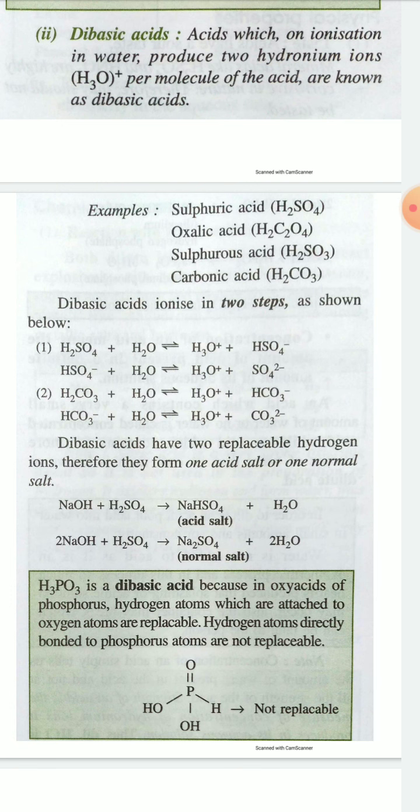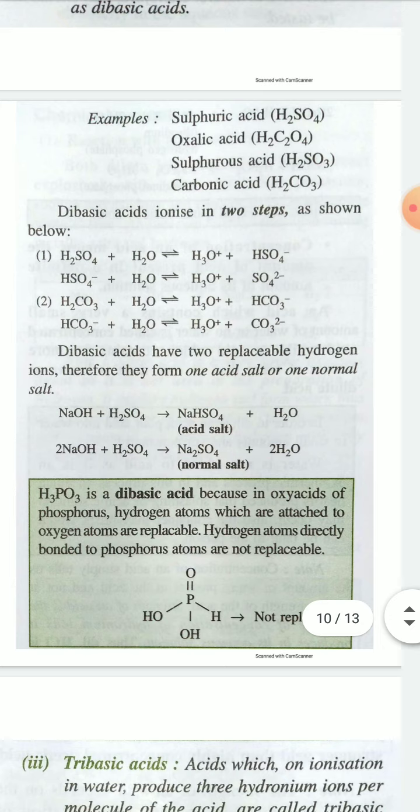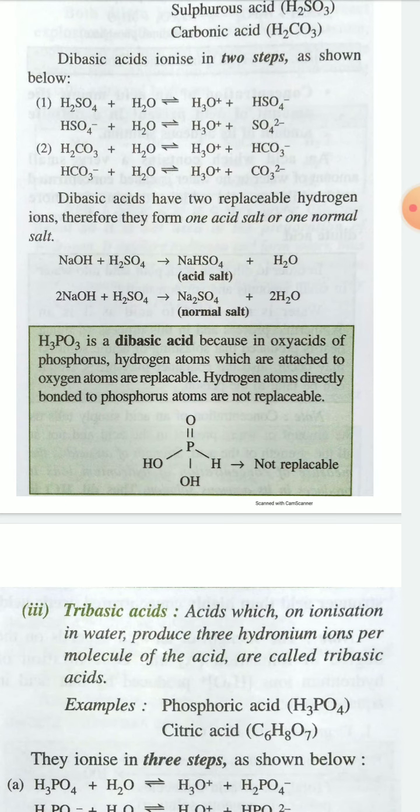Now in phosphorus acid, see the box. Phosphoric acid H3PO4 contains three hydrogen atoms, but phosphorus acid H3PO3 is a dibasic acid because all three hydrogen atoms are not ionizable or replaceable hydrogen atoms.